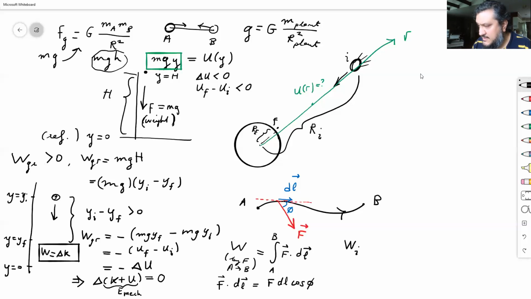So work done by gravity from I to F. Now, the dot product requires two vectors here, F and dl. So in our case, the force here is downward on the object.